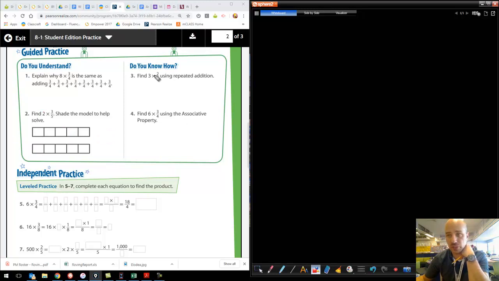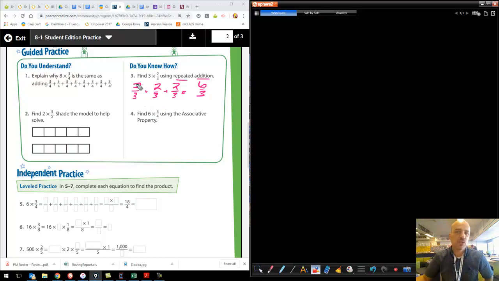So, do you know how to do this? Let's find 3 times 2/3 using repeated addition, following the directions. I need 3 copies of 2/3. So 3 copies of 2/3 would be 2/3 plus 2/3 plus 2/3. That's 2/3, and another 2/3 would be 4/3, and another 2/3 would be 6/3. That's a total of 6/3. When you're doing this, you can almost ignore the denominator.